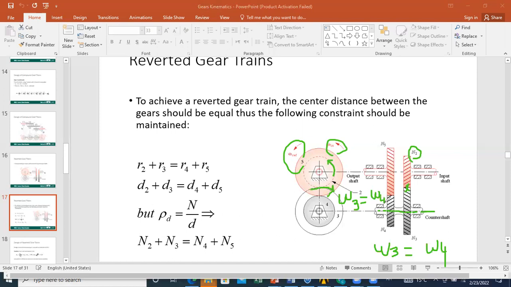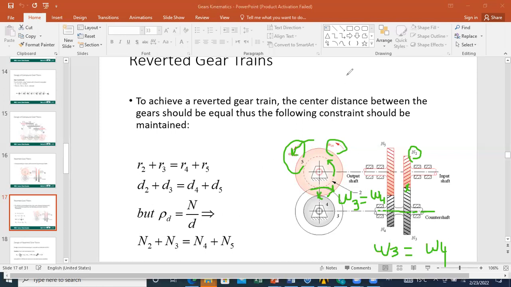Okay. And then what will happen is that 4 and 5 are in mesh, so 4 and 5 will rotate in the opposite direction. So now 5 will rotate also like gear 2. 5 will rotate in the counterclockwise direction.